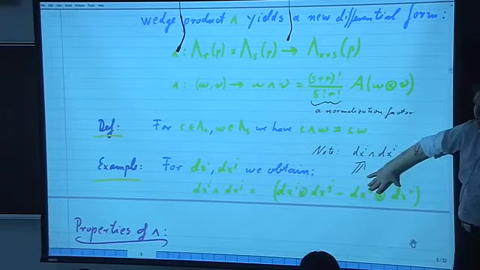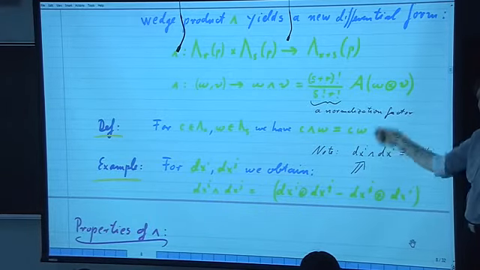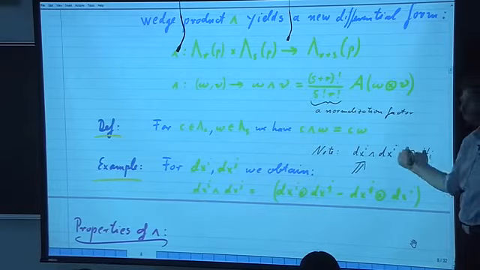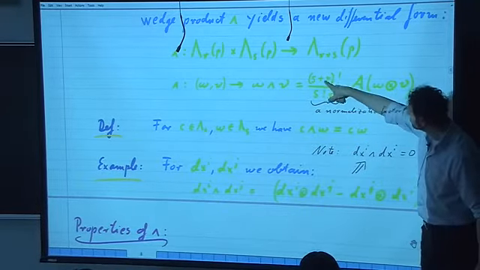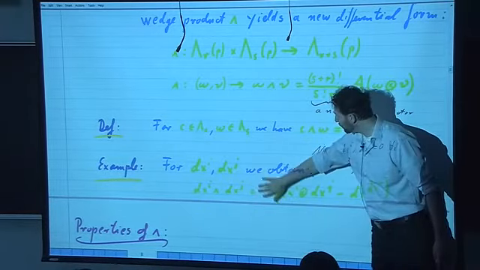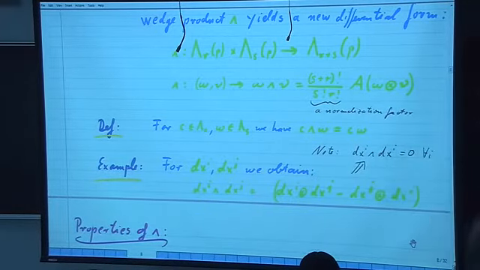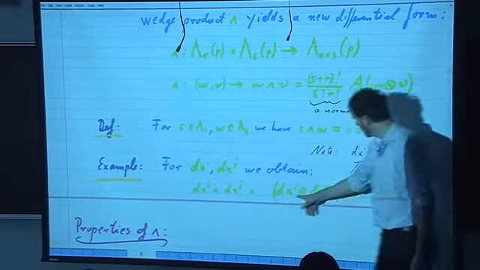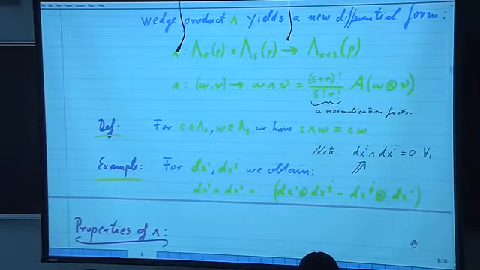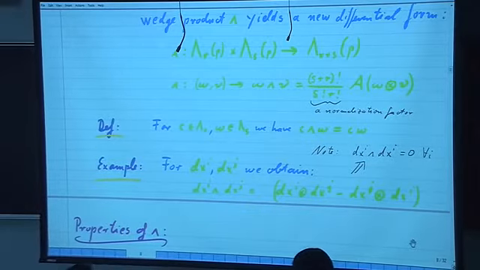But remember that the antisymmetrization operator has a combinatorial prefactor of 1 over r factorial, which in this case is 1/2. Multiplied with this 2 gives us just a 1. So this is the wedge product between dx^i and dx^j. It's this covariant 2 tensor, antisymmetric as it should be.